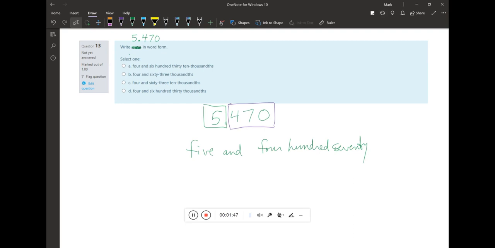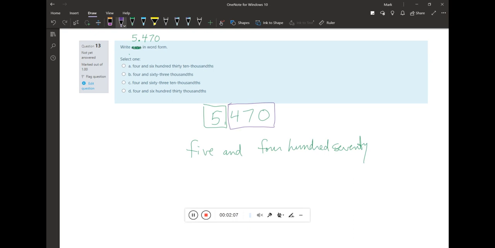So is it 5.0 or is it 6.0? Is it 5.5? So this one here is 5.4, which would mean there's 4 tenths there. Right? There's 47 hundredths. There's 470 thousandths.